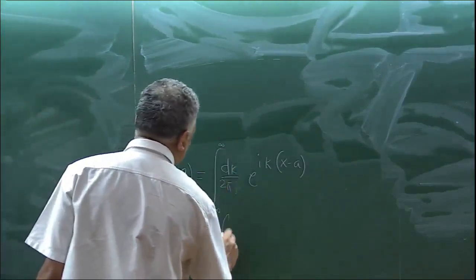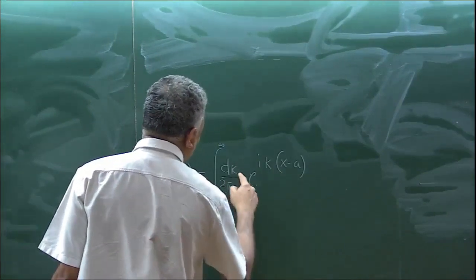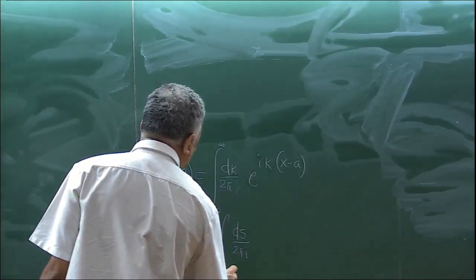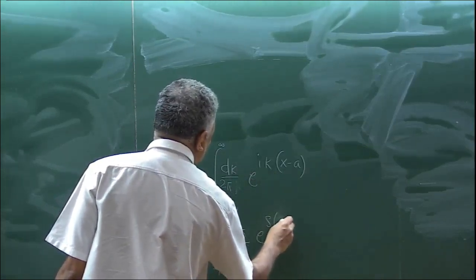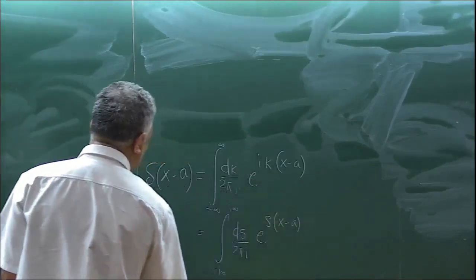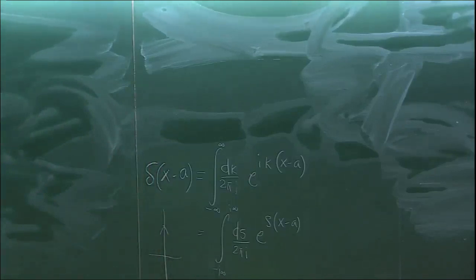Alternatively, you can write this as ds over 2 pi i, putting k equal to s i, from minus i infinity to plus i infinity, e to the power s (x minus a). So it's like you are going in the complex plane in the perpendicular direction, doesn't matter.